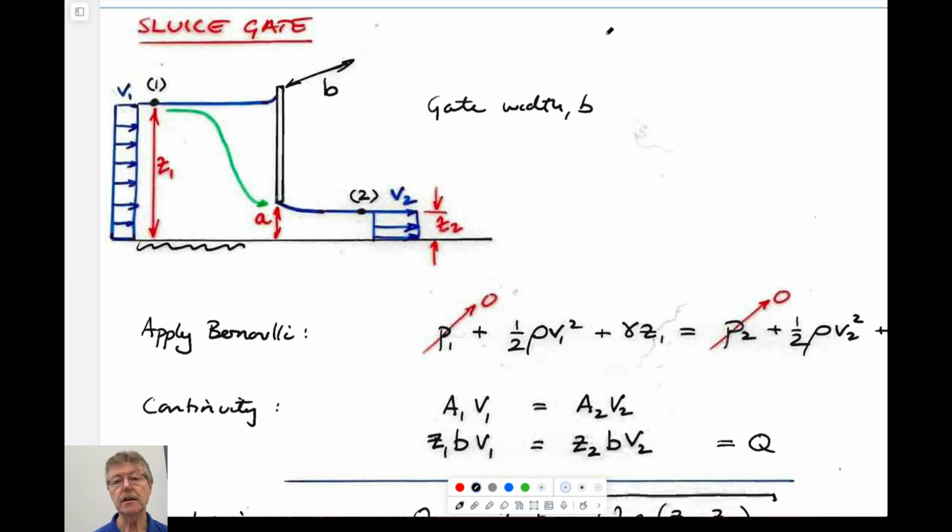So otherwise, we can write Bernoulli for this again. P1 over gamma plus Z1. It's written down below, so you don't necessarily have to write this. Equals P2 over gamma plus Z2 plus V2 squared over 2g.